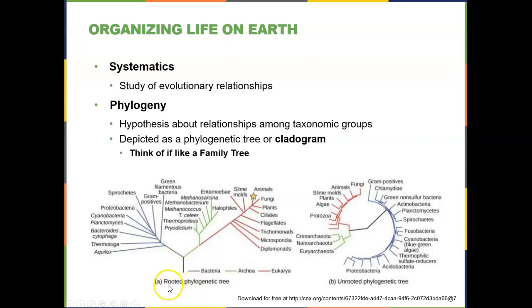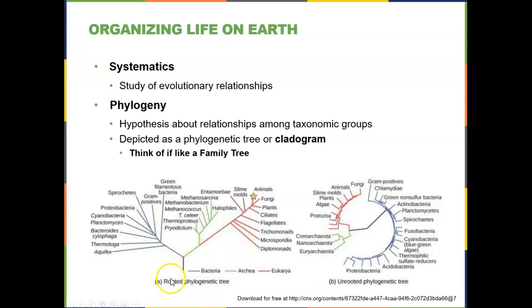Now, this is called a rooted phylogenetic tree. This is an unrooted phylogenetic tree. So rooted, think of it like a tree. It has an initial stalk, so this all arises from a common ancestor. And then as changes occur and new species develop, the tree will branch and then branch further.